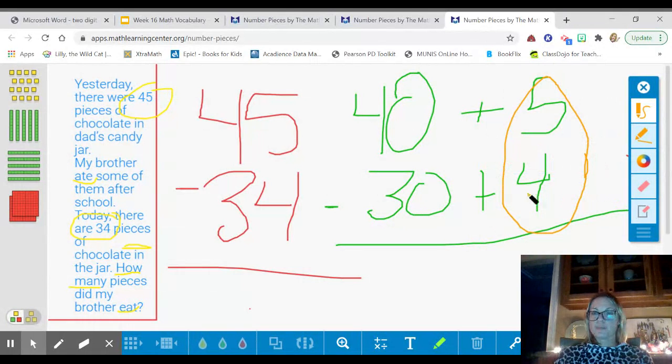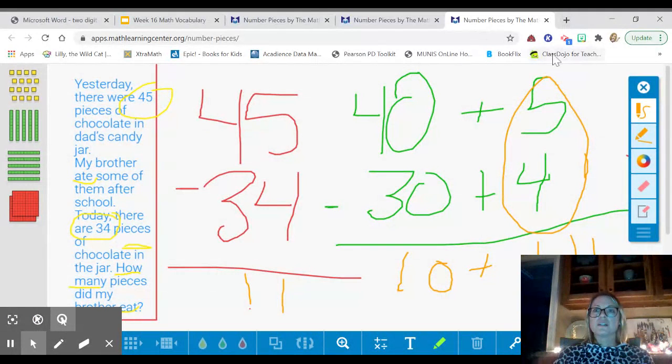Always starting in that ones place. So 5 minus 4 is 1. 40 minus 30 is 10. That's right. And I'm going to add 10 plus 1 equals 11. So my answer to this problem is 11. Good job, boys and girls.